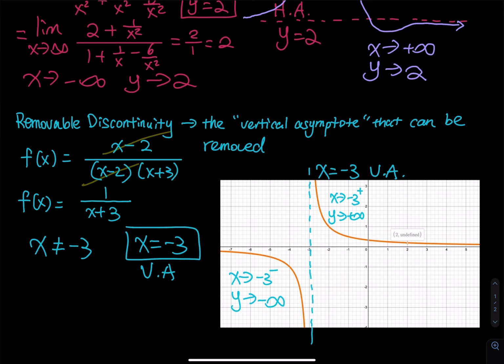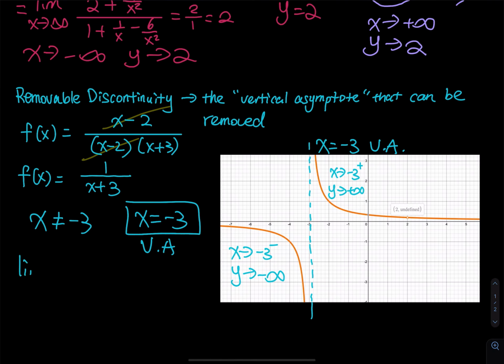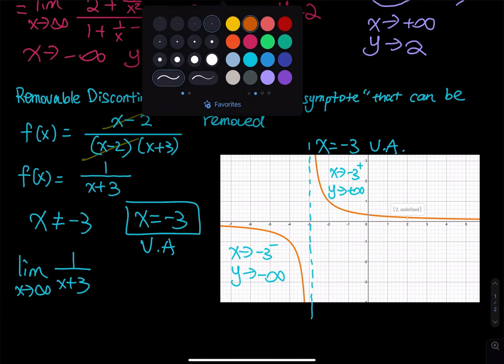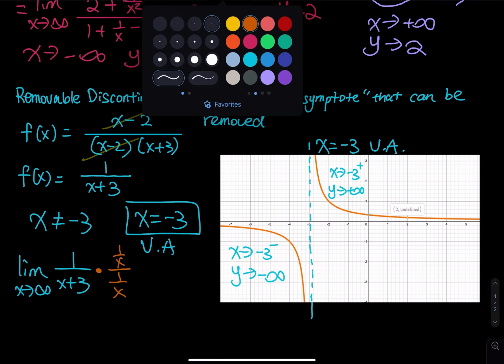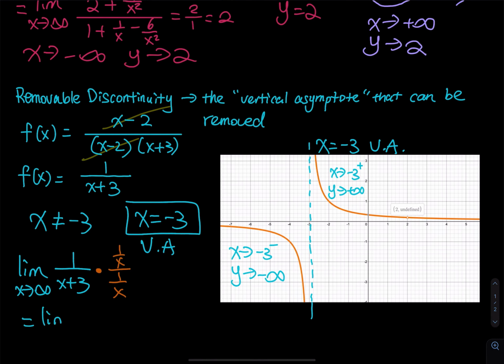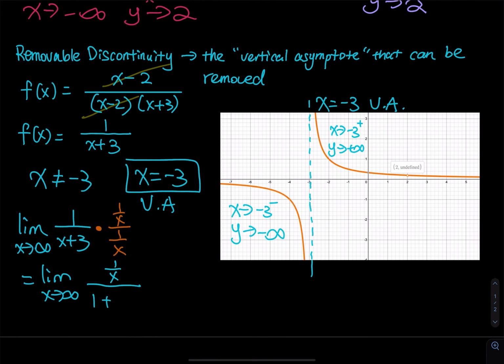Okay, and then how about the horizontal asymptote? You have to do the limit as x approaches infinity of 1 divided by x plus 3. Since the biggest degree in the denominator is 1, you have to divide each term by x raised to the first power. And then you will get the limit as x approaches infinity. On the top you have 1 over x, and on the bottom you have 1 plus 3 over x.